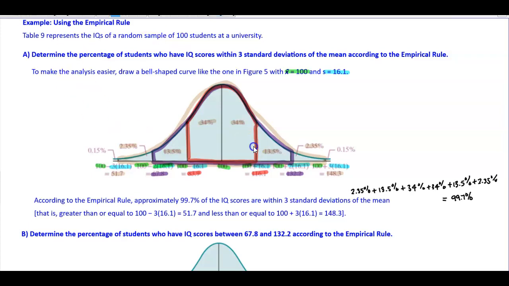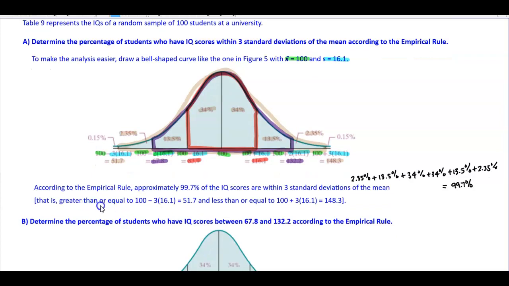We don't even have to add that up because we already know it's a general rule. 3 standard deviations away from the mean gives you 99.7%. That means the scores are greater than or equal to 51.7 and less than 148.3.